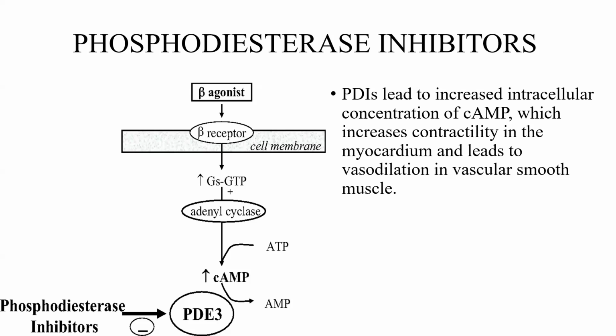And your cyclic AMP is what contributes to myocardial cell contraction. So phosphodiesterase inhibitors inhibit the breakdown of cyclic AMP such that there's an increased build up of cyclic AMP, so you can indirectly or directly affect contractility.